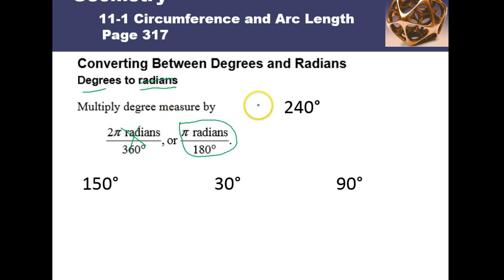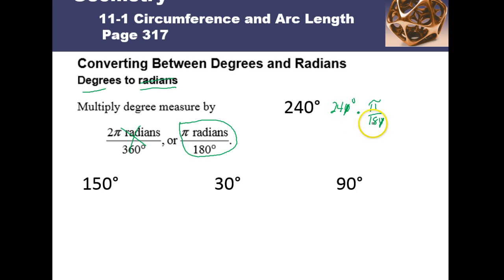And we're going to multiply by pi radians over 180. So we're going to take the 240 degrees and multiply it by pi over 180, and you don't need to write the word radians. I can reduce this using my brain. 10 goes into both 240 and 180, so those could cancel.